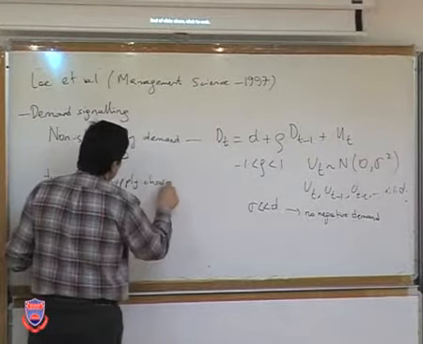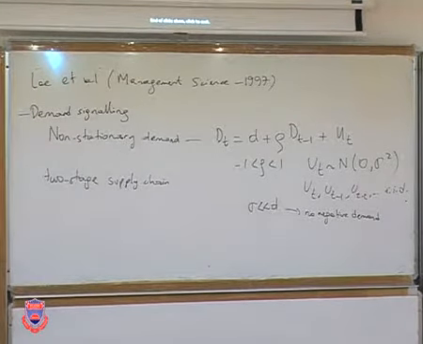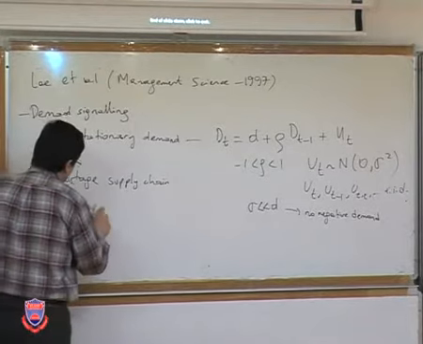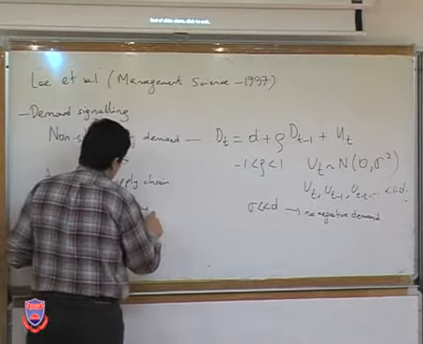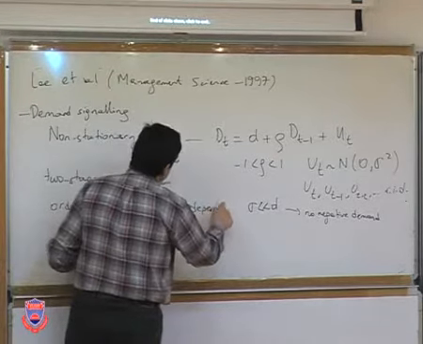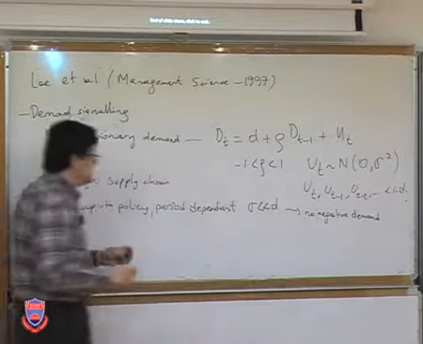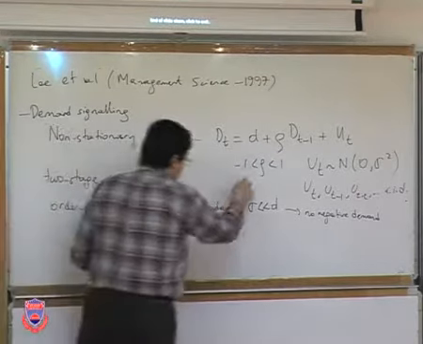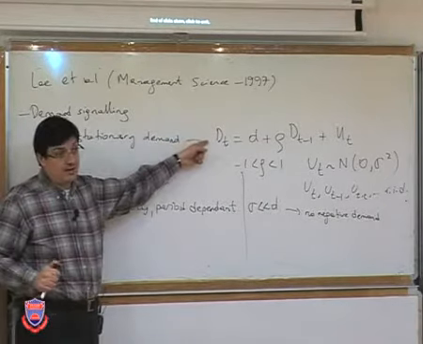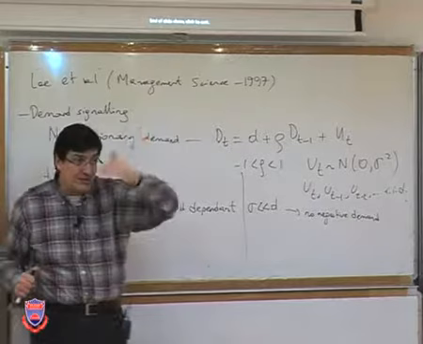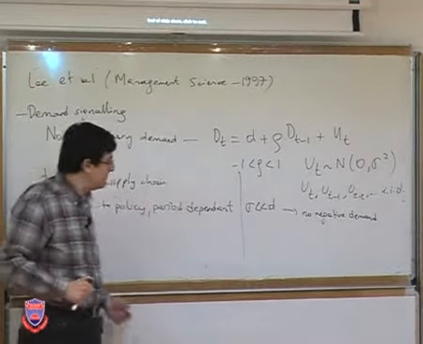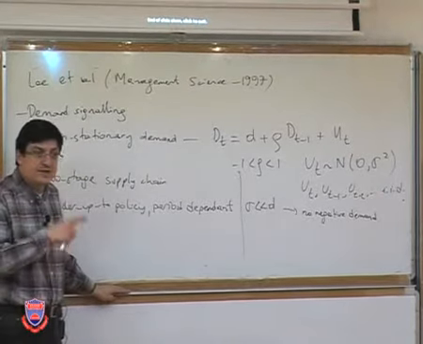And of course, we are going to use periodic review, so an order up to policy, which is period dependent. Why? Because we have non-stationary demand. So the order up to point that I'm going to have now is not going to be the same that I will have next period. Any questions?